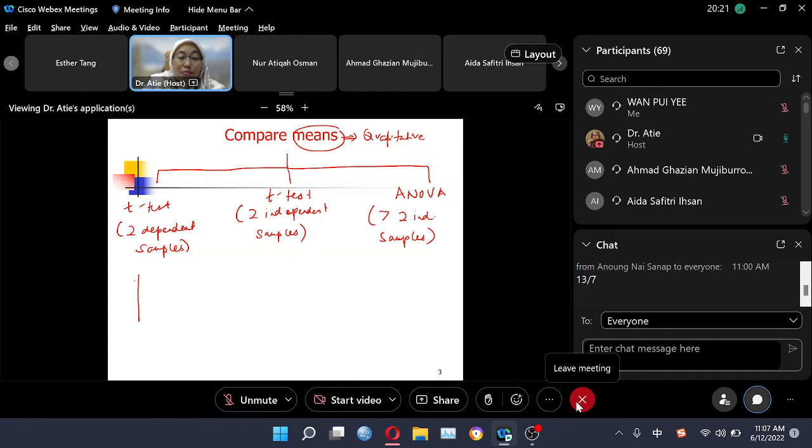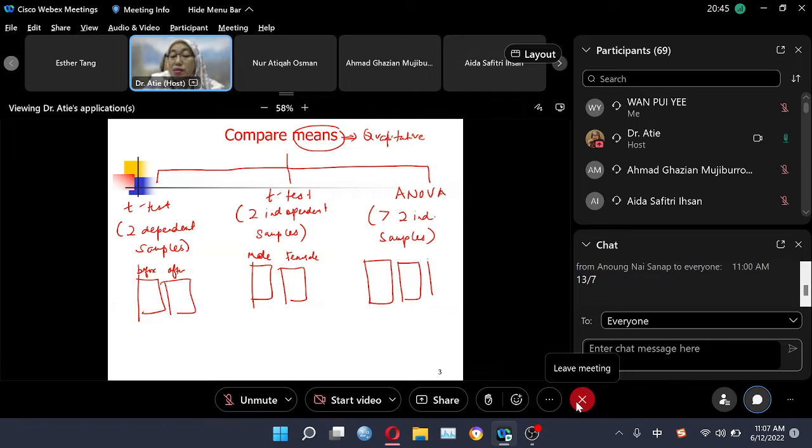Here we have two samples, let's say before and after. And then we have male and female, for example. And then we have more than two independent samples, so it can be UTM, UKM, and USM, for example, right?